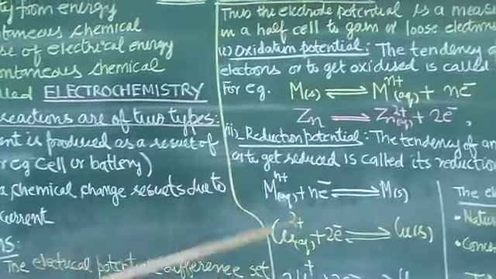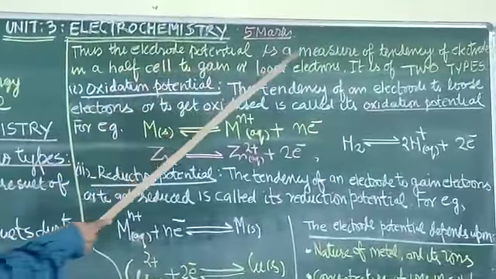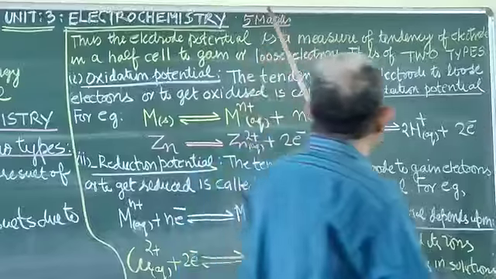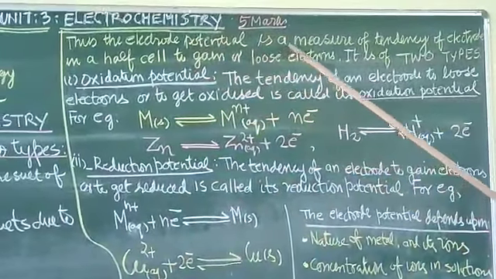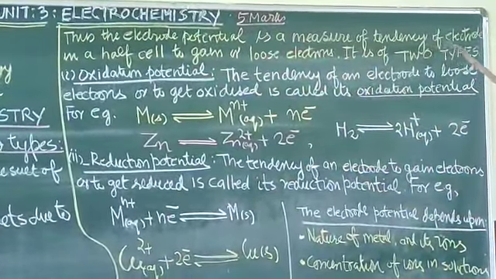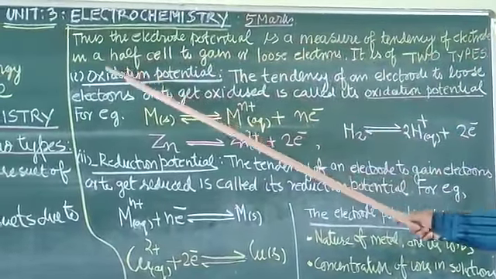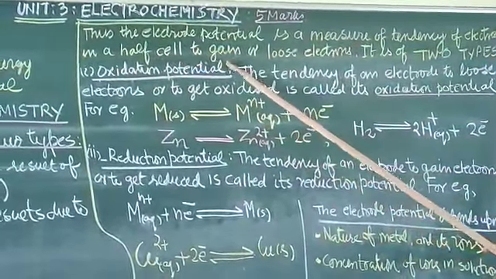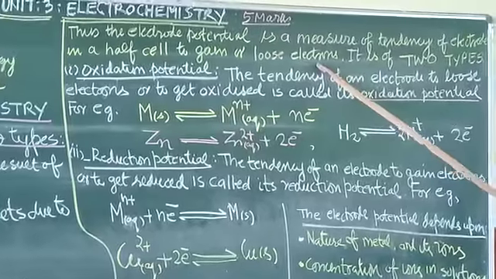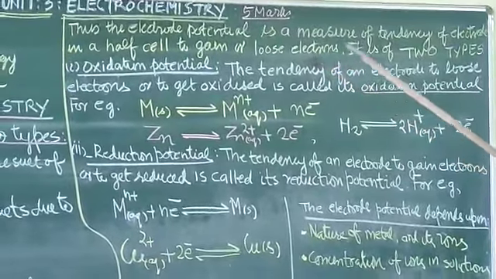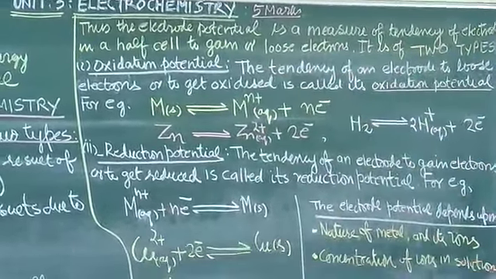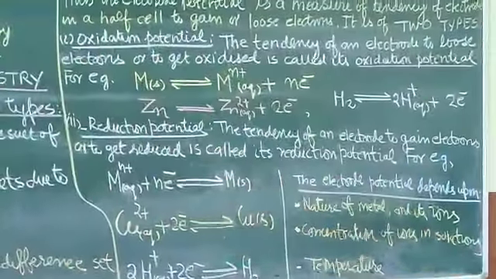We can also say that electrode potential is a measure of tendency of an electrode in a half cell to gain or lose electrons. It is of two types.